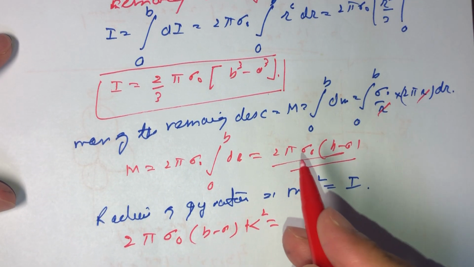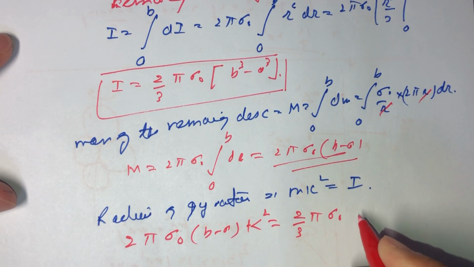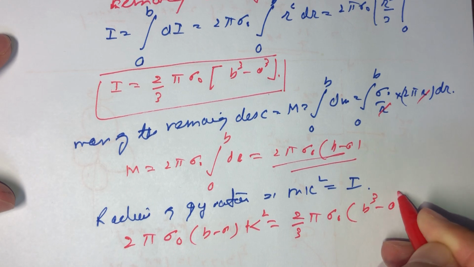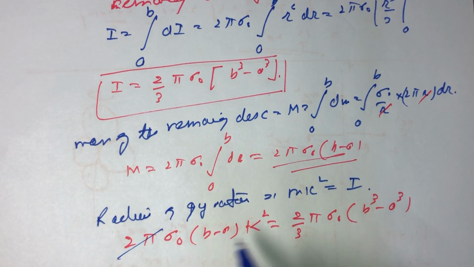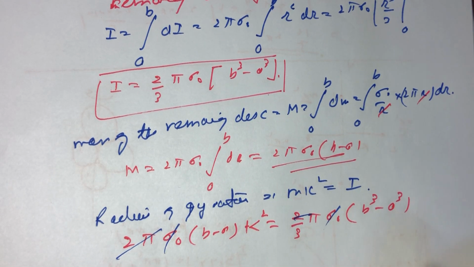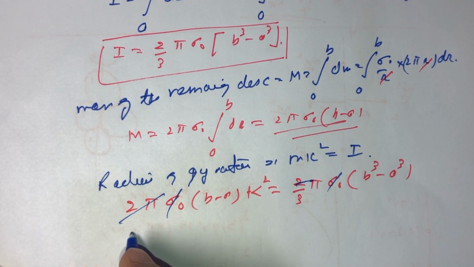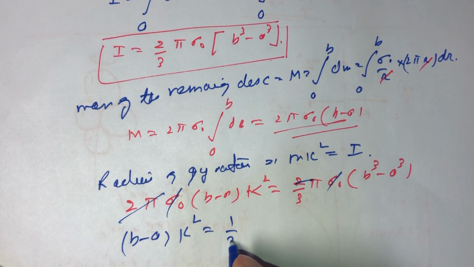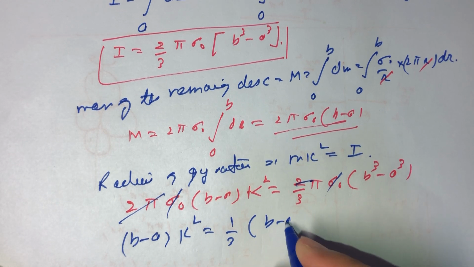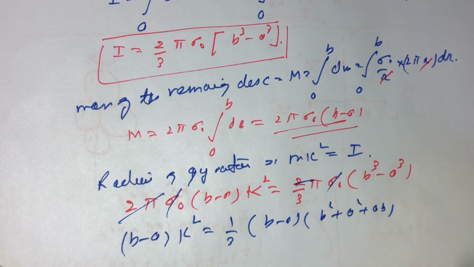Moment of inertia we found out as 2 by 3 pi sigma naught times b cube minus a cube, and here 2 pi sigma naught cancels, and for b cube minus a cube we are going to expand it, so this will be b minus a times k square is equal to 1 by 3 times b minus a times b square plus a square plus ab.